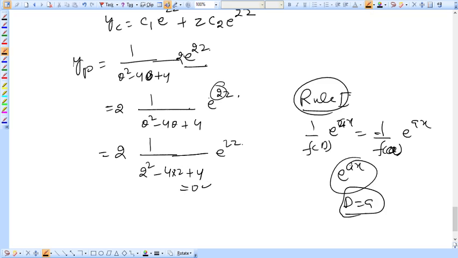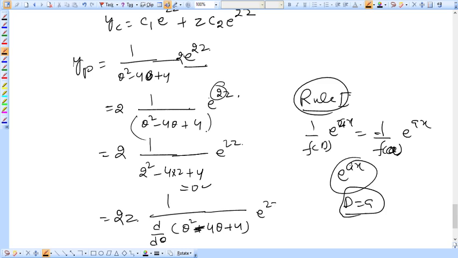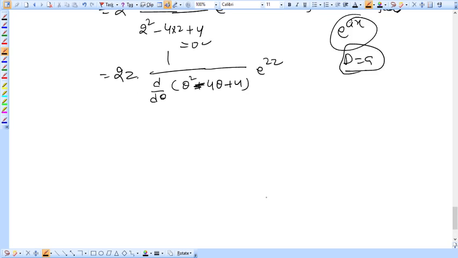What we do in that case is differentiate the denominator and write z outside. So you get 2z times 1 over the derivative with respect to theta of theta square minus 4 theta plus 4, e to the 2z.